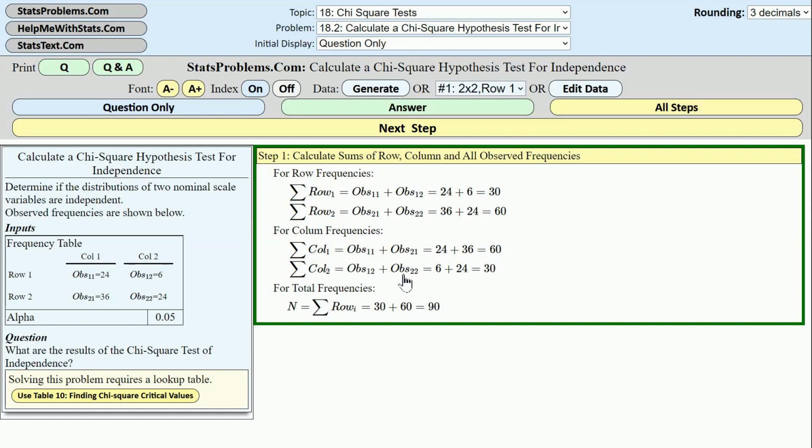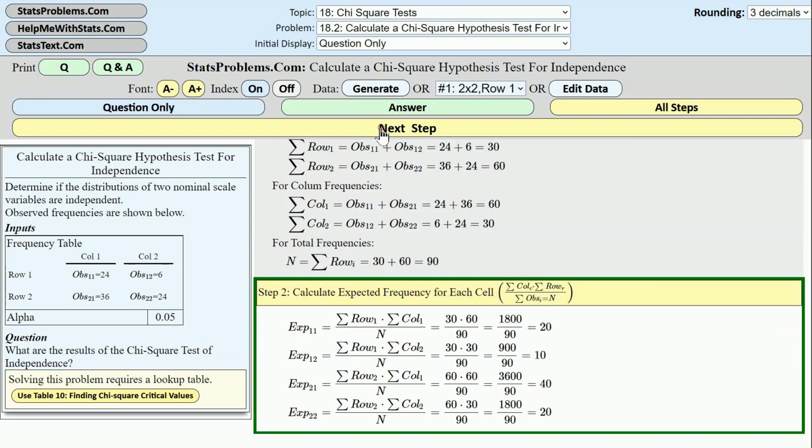In this example, the sum of column 2 is 6 plus 24, which works out to 30. For total frequencies, n equals the sum of all row frequencies. In this example, n equals the sum of row 1, 30, plus the sum of row 2, 60, which works out to 90.